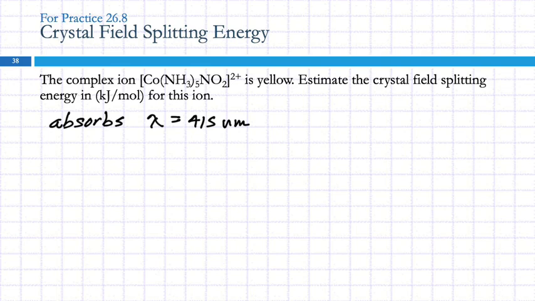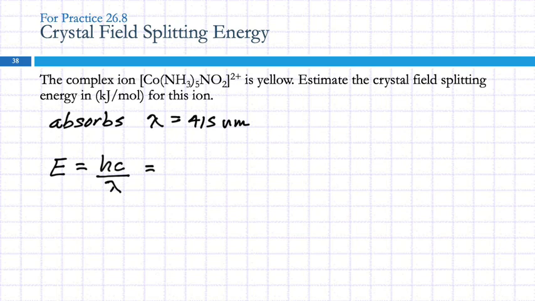So we want the crystal field splitting energy. Well, the energy here is going to be equal to hc over lambda. That's not a very good h.